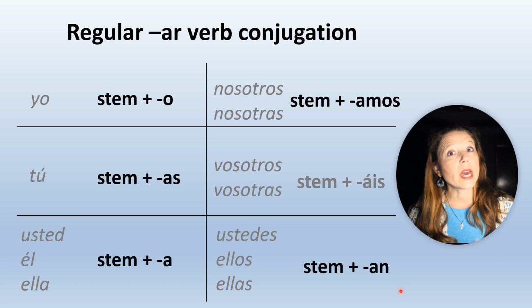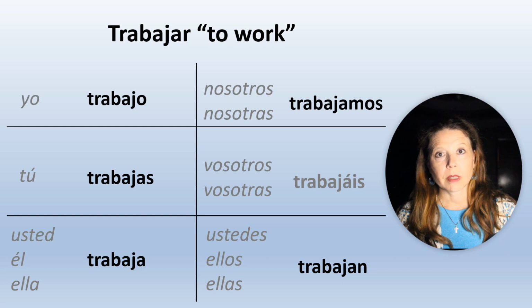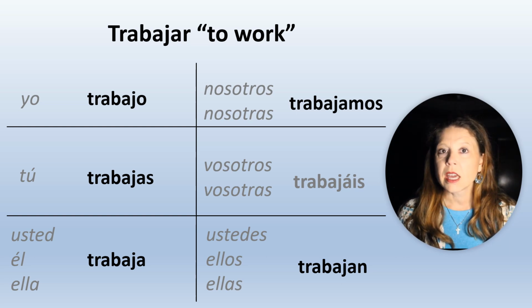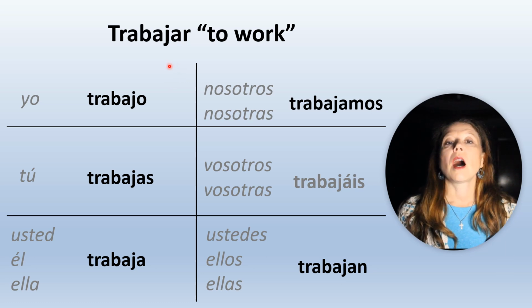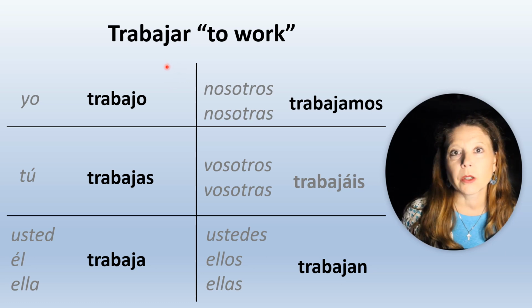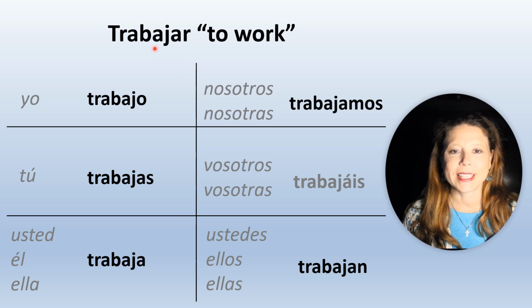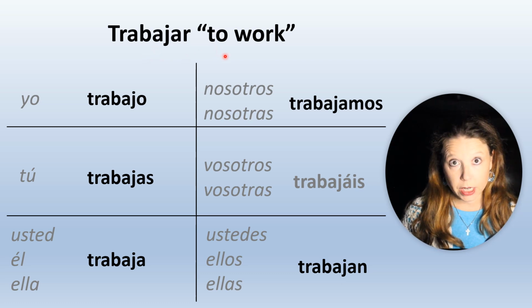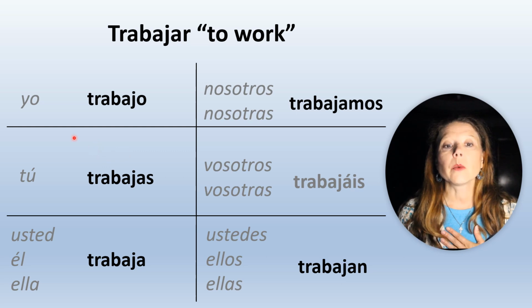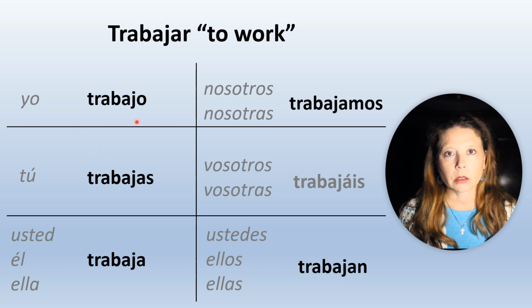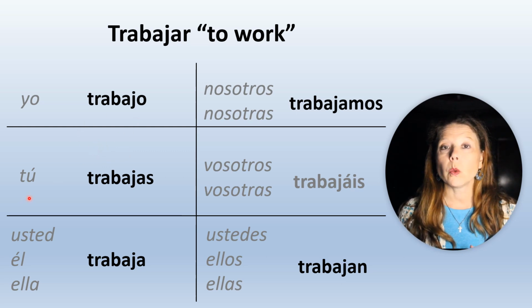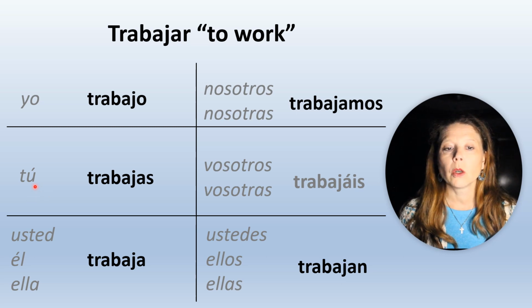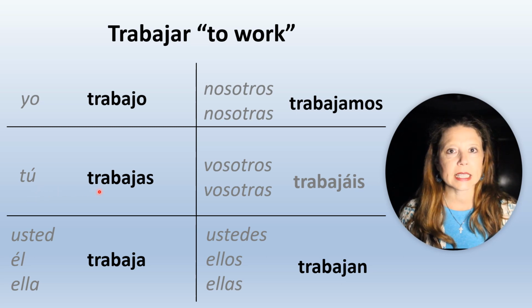So let's go back to that verb, trabajar, and see how we conjugate it given the pattern that I just presented. I want you to repeat after me to work on your fluency. So, trabajar, to work. I work, yo trabajo. You, informal, you work, tú trabajas.